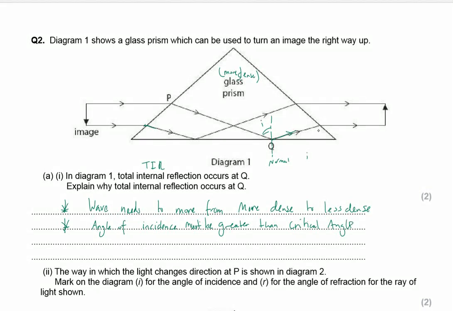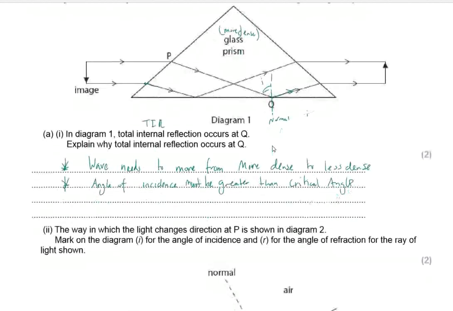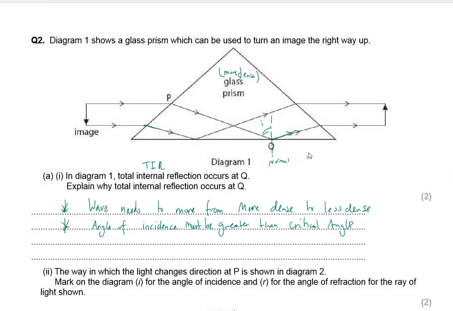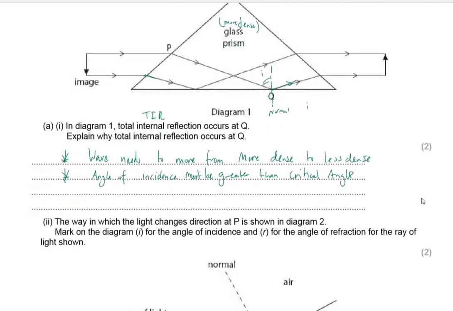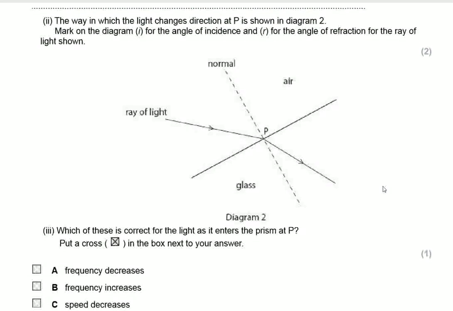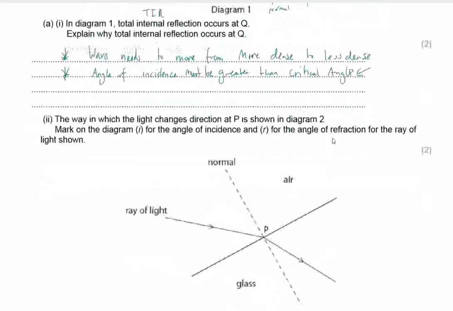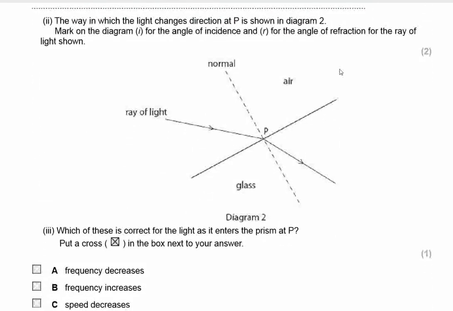That's what we want. Now the main one, so based on this one, since we are not sure, I think we do, but it's 2 marks. Here are the 2 marks. Okay, we're going to be looking at the mark scheme later on, but I'm going to go through it with you. Now this one, okay, mark on the diagram I for angle of incidence and R for angle of refraction.